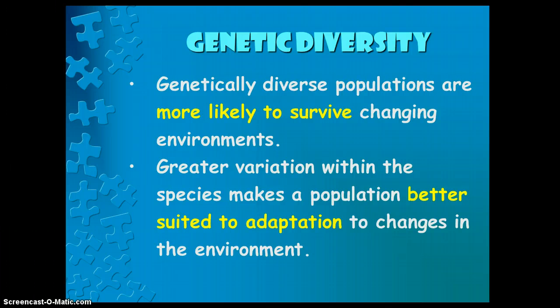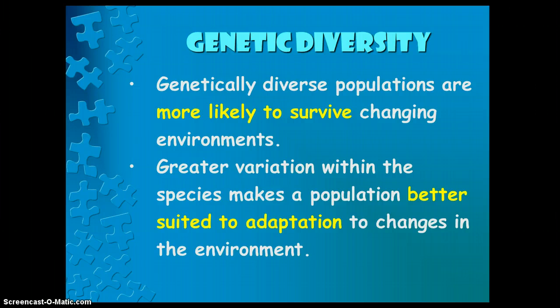Genetically diverse populations are more likely to survive changing environments. Greater variation within the species makes a population better suited to adapt to changes in the environment. And all that means is we have more diversity, such as birds with different beak sizes, which would lead to more genetic diversity.